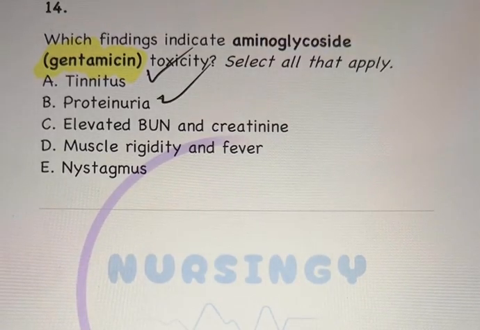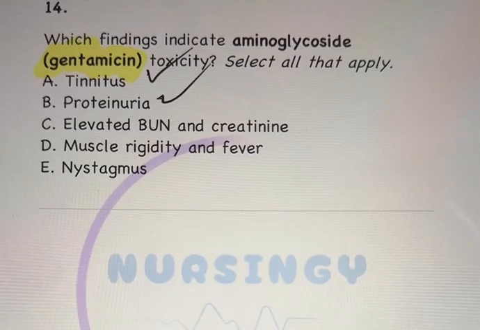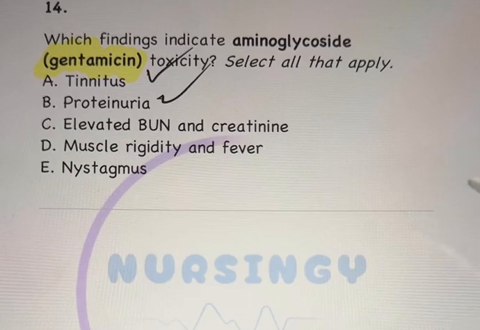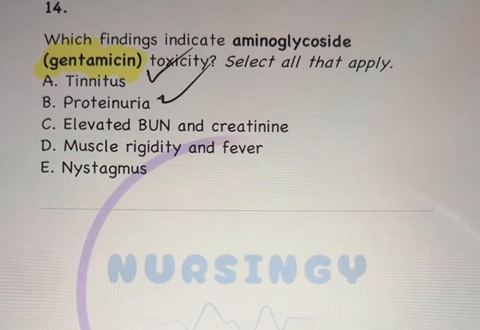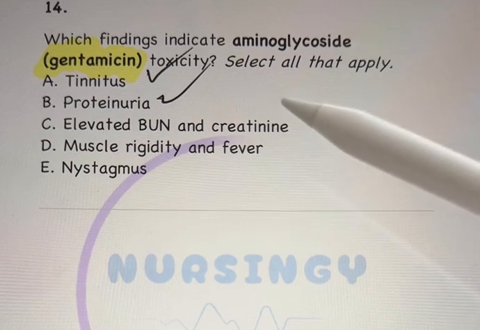It keeps collecting in the proximal renal tubules, then it causes injury, and when we have the injury, we lose more protein through urine. Okay, elevated BUN and creatinine.